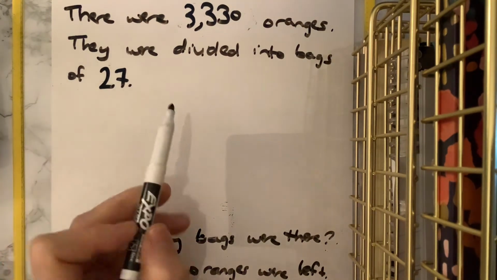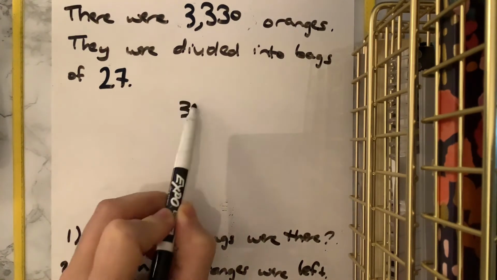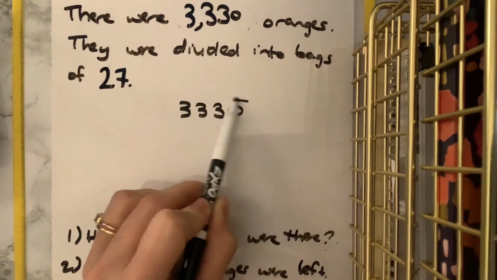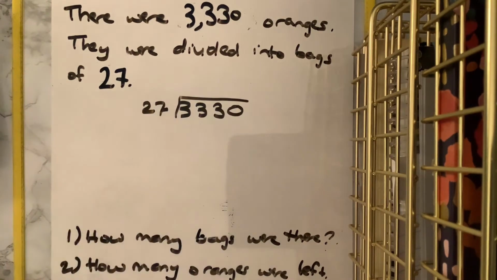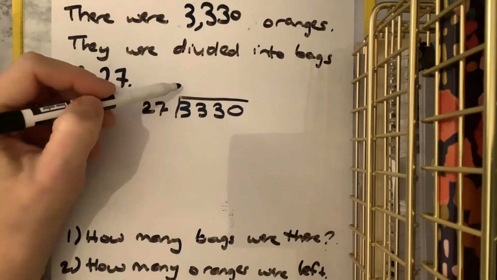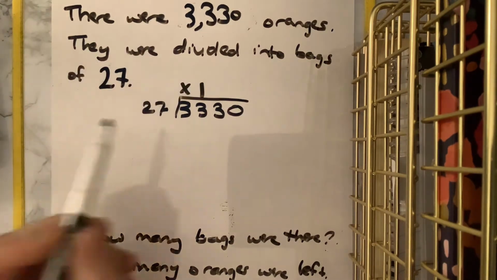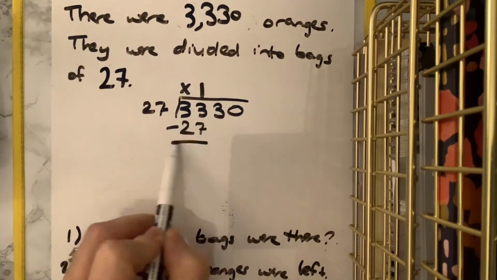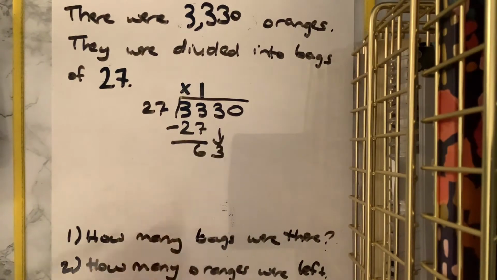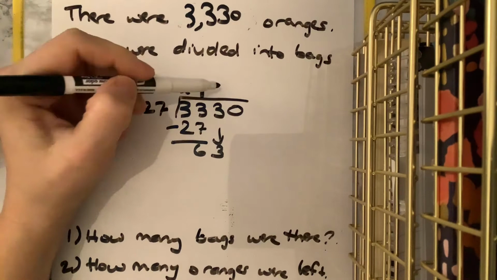So remember, divided means divide. It means just what it says. So if we're dividing them into bags, we want to do just that. So we're going to set up our division problem. How many times does 27 go into 3? It doesn't, but it goes into 33 one time with a remainder of 6. And then we bring down the 3. How many times does 27 go into 63?